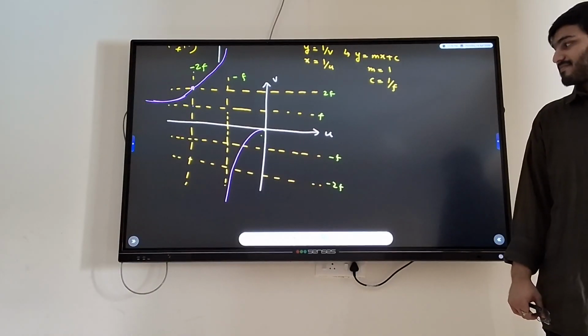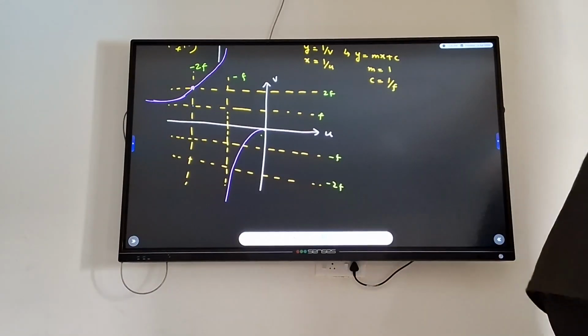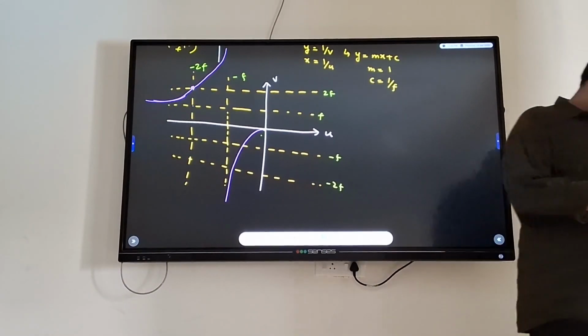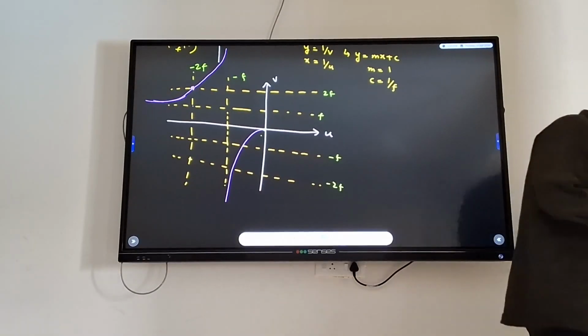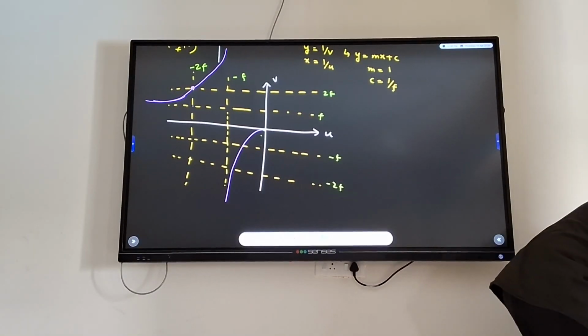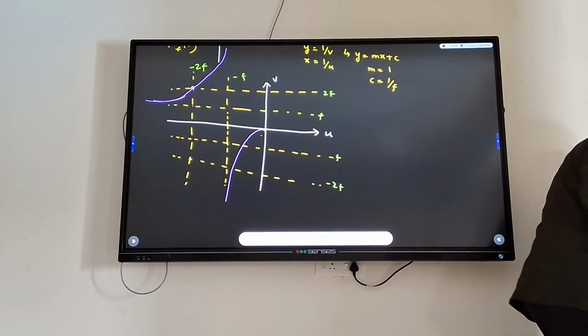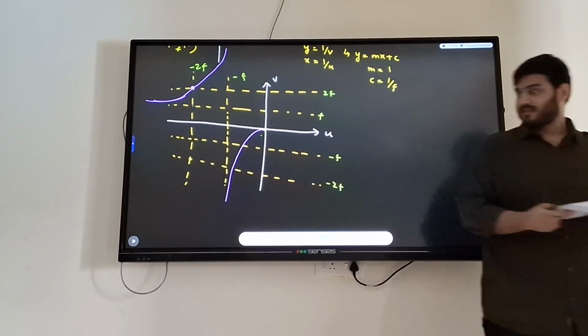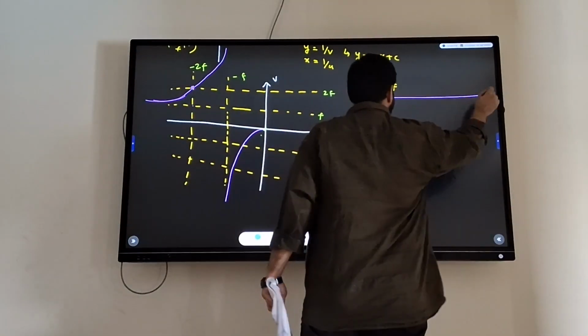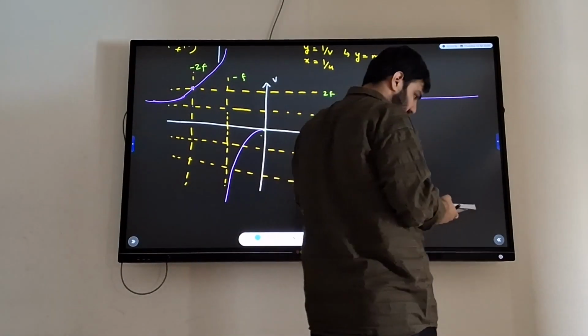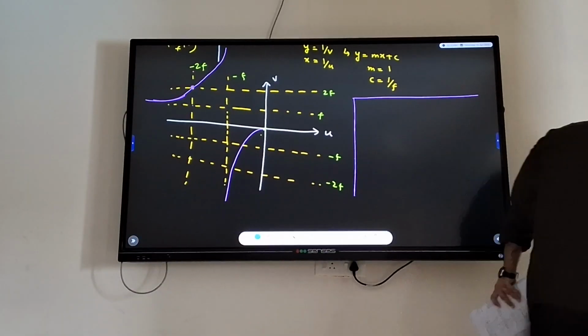Okay. What is the next question given in the sheet? Okay, let's do this equation also. I will give this as homework. This is a very simple one. So take it as homework. Question number, I don't remember what the question number is. 5.